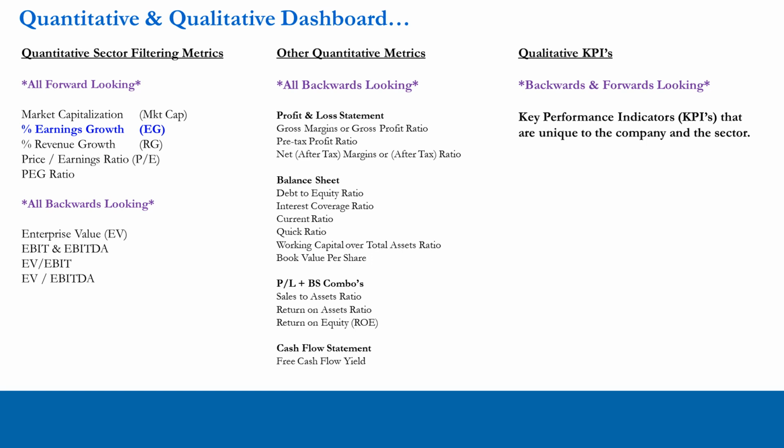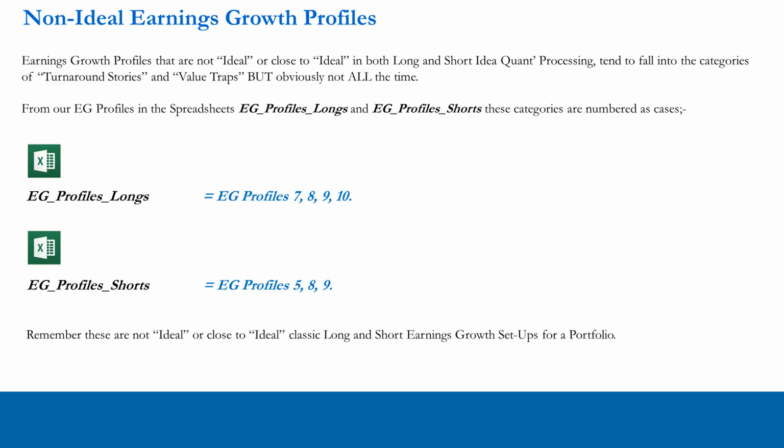So in the previous videos of long idea and short idea processing, we identified a whole bunch of earnings growth profiles that we defined as not ideal or close to ideal. Now, when earnings growth profiles are not ideal or close to ideal, when we're processing for both long and short ideas, these types of earnings growth profiles tend to fall into the categories of what we call turnaround stories and value traps. But obviously not all the time.